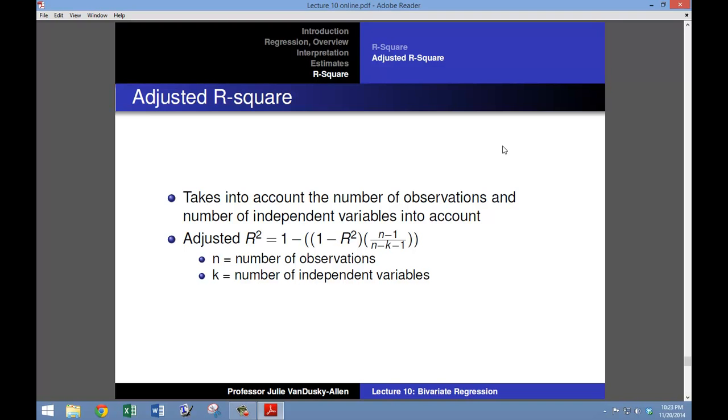What this equation does is make the R-squared smaller if there are a small number of observations or too many independent variables. Theoretically, if you have too few observations in relation to how many variables you have, you may not have adequate information to predict your dependent variable. So the adjusted R-squared punishes you for not having more observations.